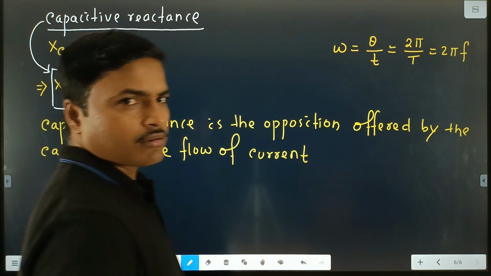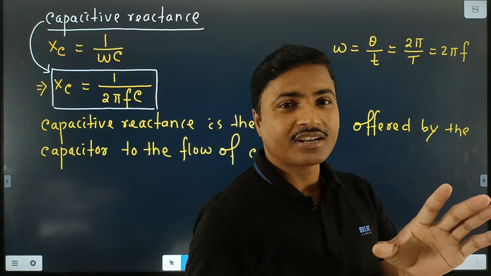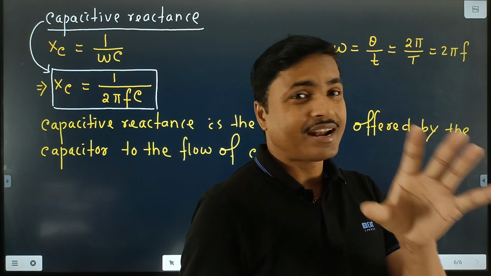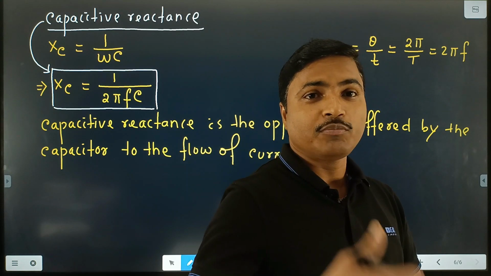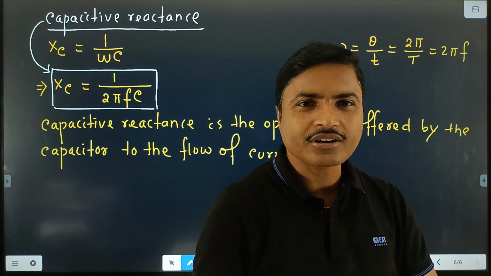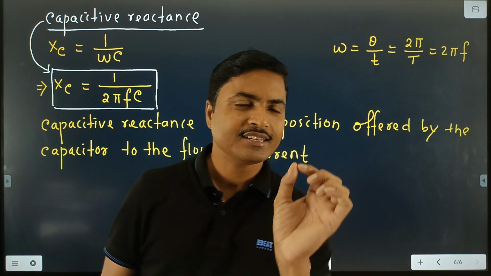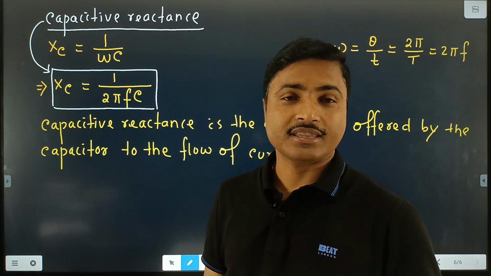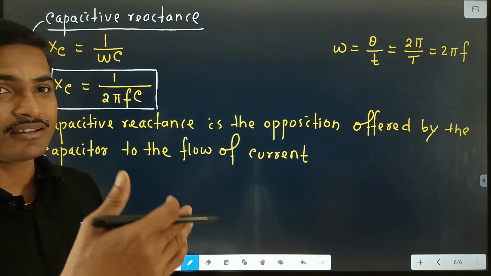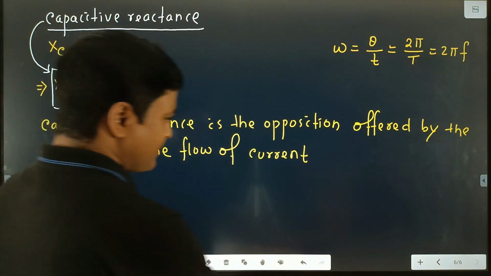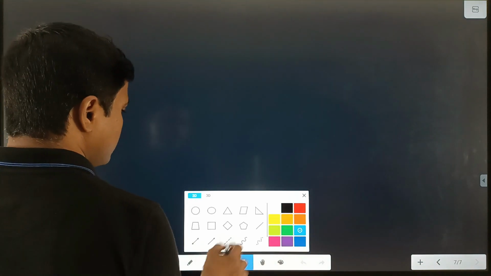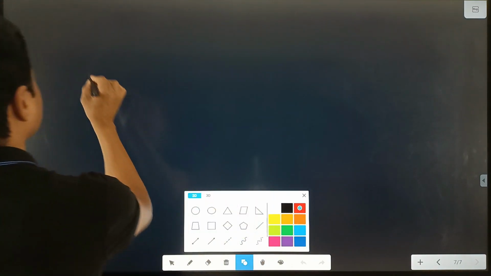Now, if you apply direct current, or a battery is connected to a circuit with a capacitor, then what happens? Suppose just like this, we draw a circuit.